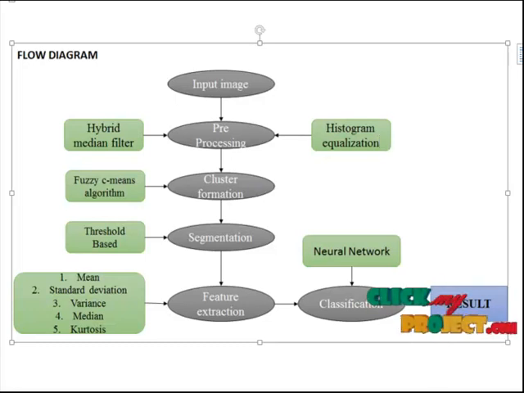Next, in the cluster formation, data clustering is the process of dividing data elements into classes or clusters so that items in the same class are as similar as possible and items in different classes are as dissimilar as possible. Fuzzy clustering is a class of algorithm for cluster analysis in which the allocation of data points to clusters is fuzzy.